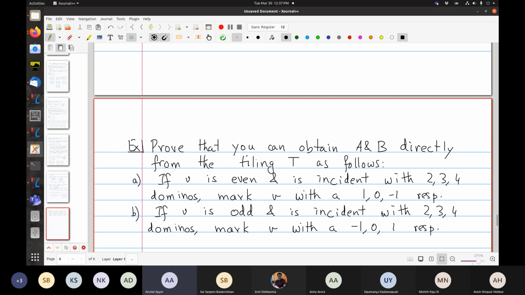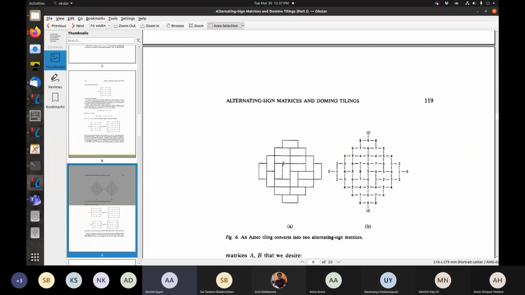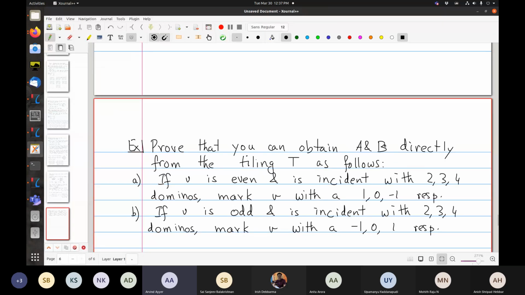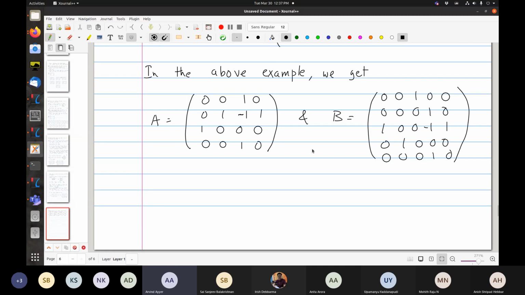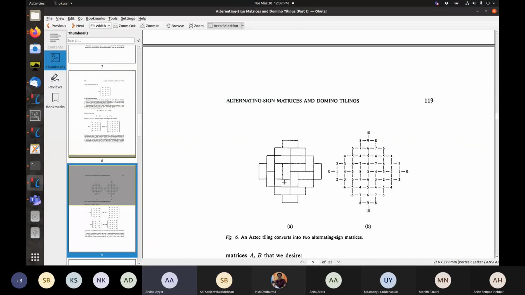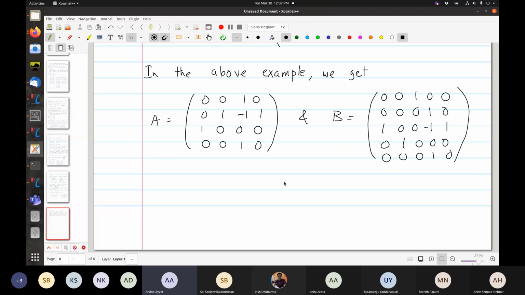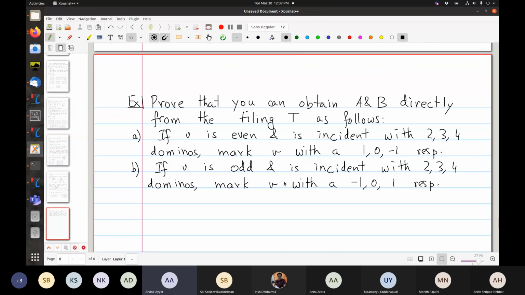Okay, and if you do that, and of course you look at the corresponding even and odd lattices, you will get exactly A and B. You will get ASMs. You will get these two in this example. So you don't even have to go through the height function, but it is useful.